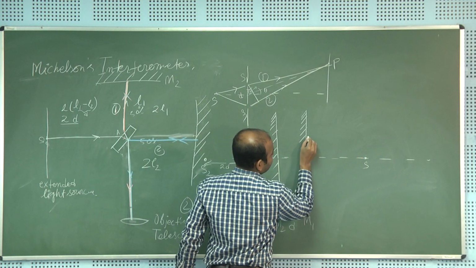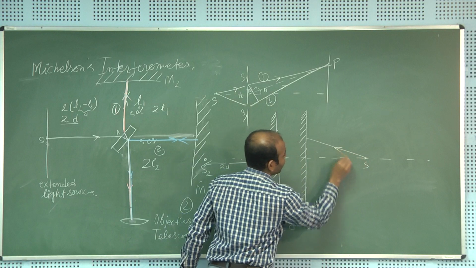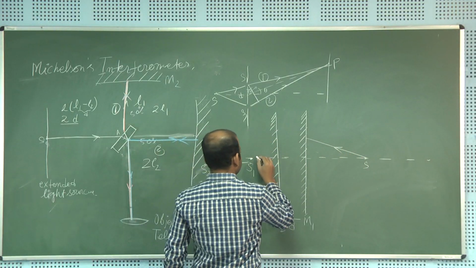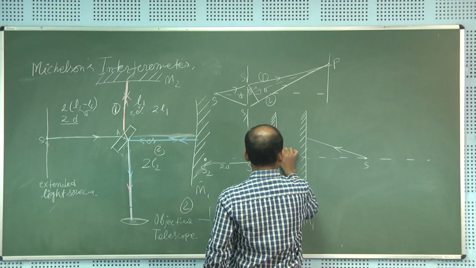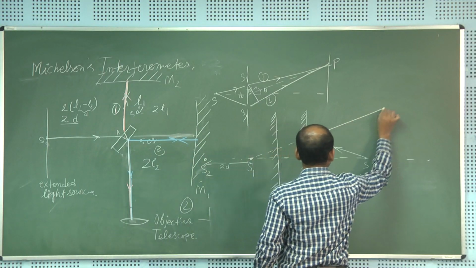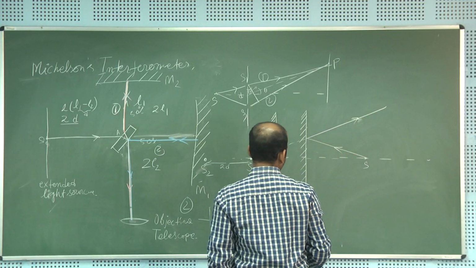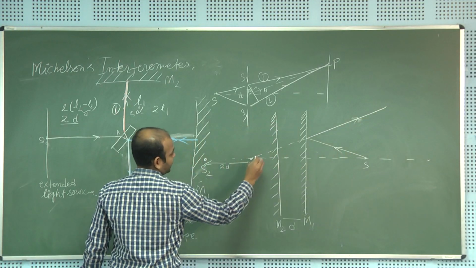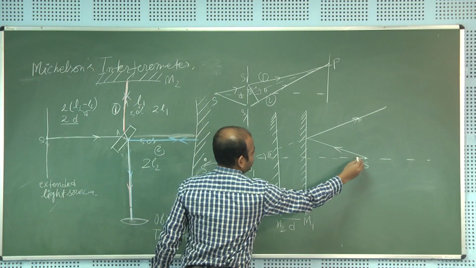So, it would be like, let us say at this point, the light is coming here, and so this would be, let us say, one beam, and this angle is theta, right, and we take another point.